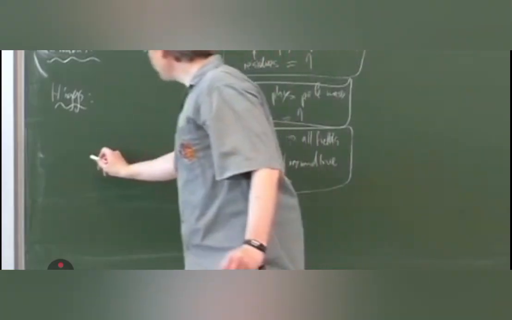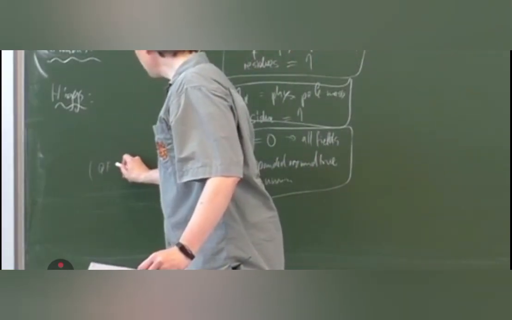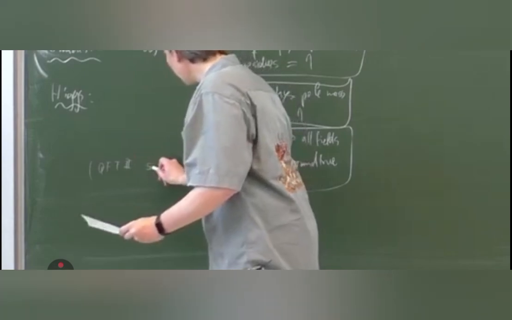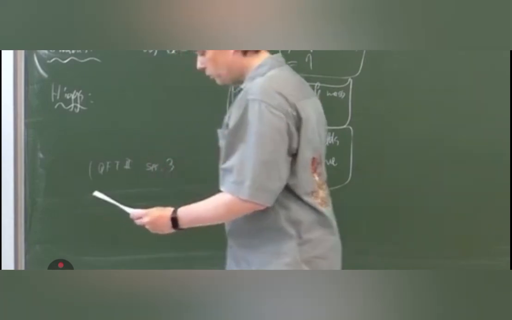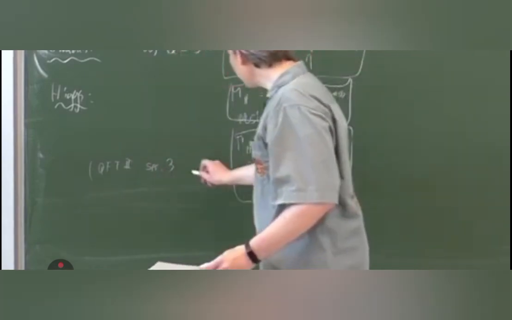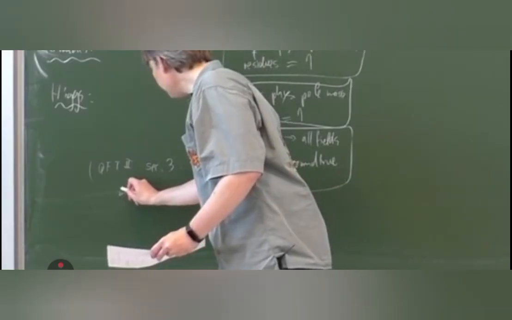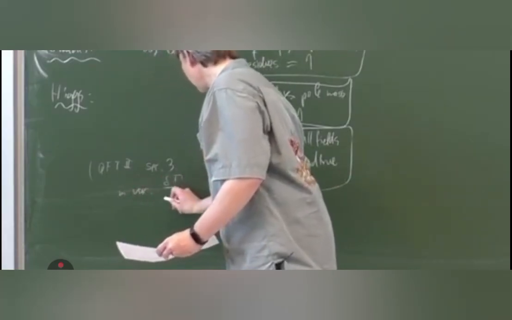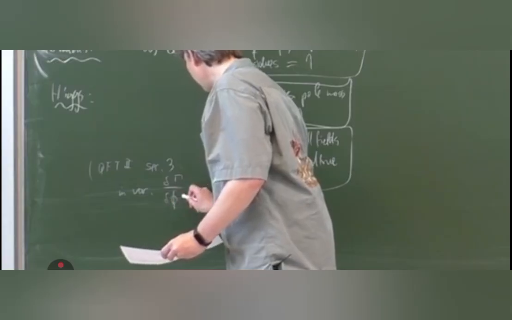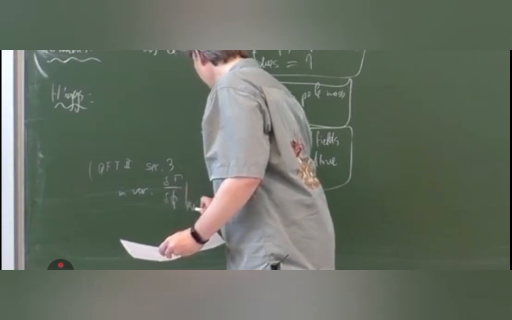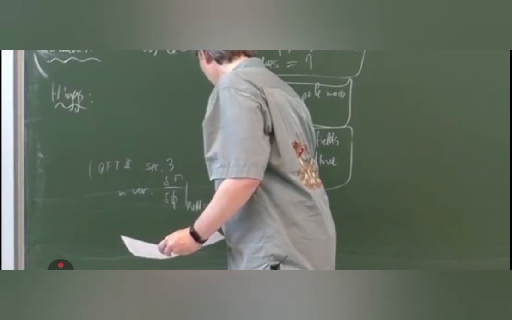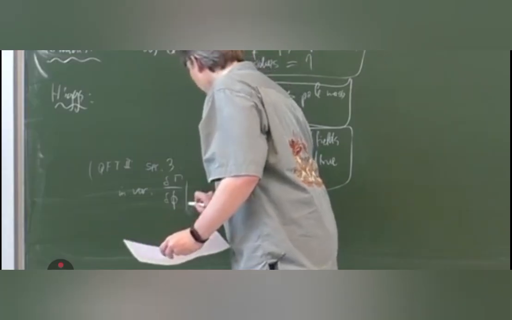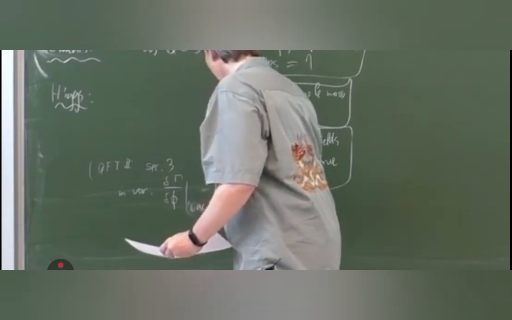So I refer to our quantum field theory 2 lecture at this point, so I have a reference. We had section 3 in the quantum field theory 2 lecture, where we said that in the vacuum the first derivative of gamma with respect to the fields at fields equal 0 vanishes.